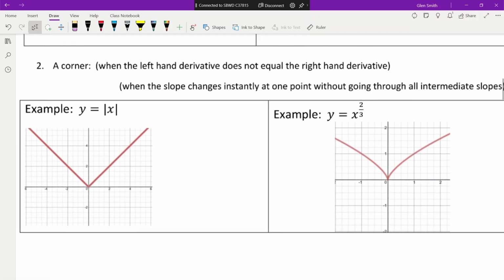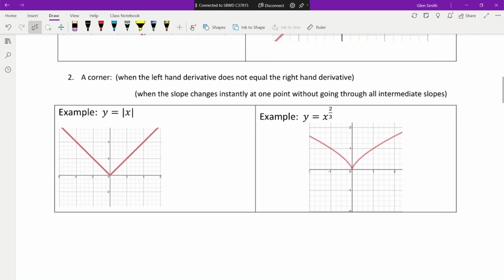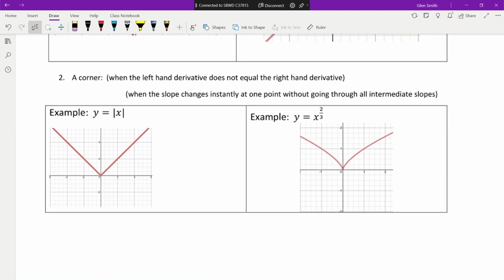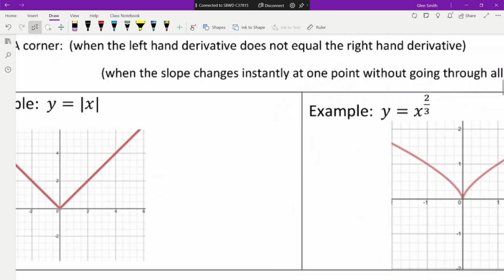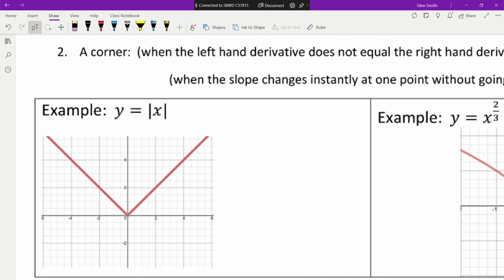The second kind of thing that can happen to us is we could have a corner. And here are 2 examples of functions that have corners. One is absolute value of x. This thing is differentiable everywhere but 0. The derivative over here is -1. The derivative over here is 1. The derivative at 0 is undefined, because there's a corner.